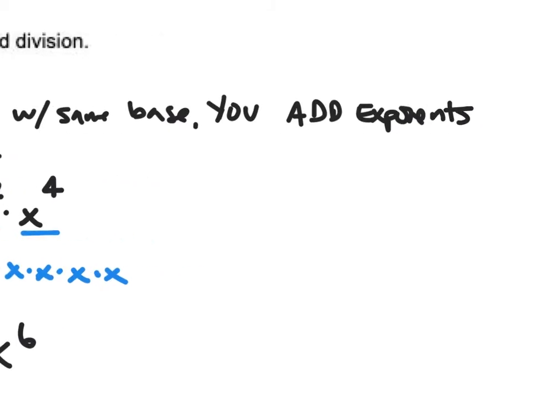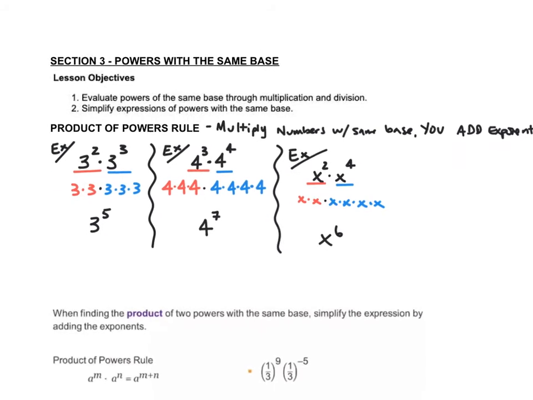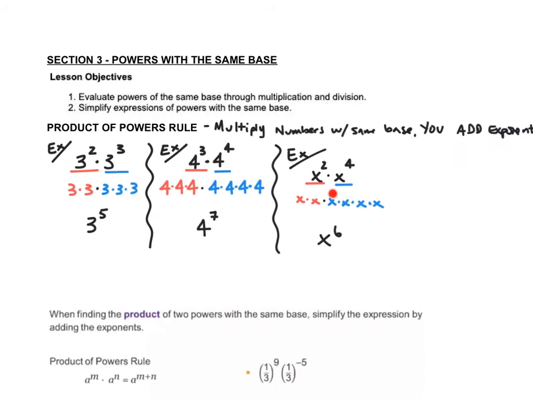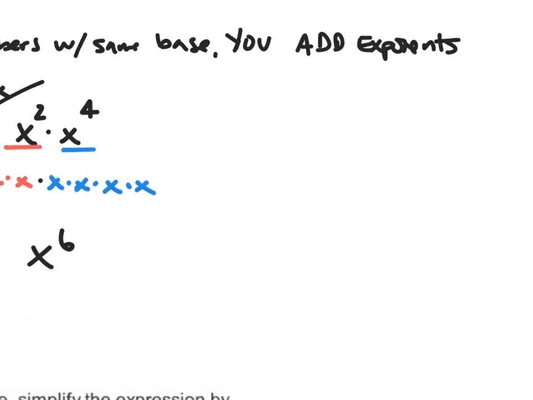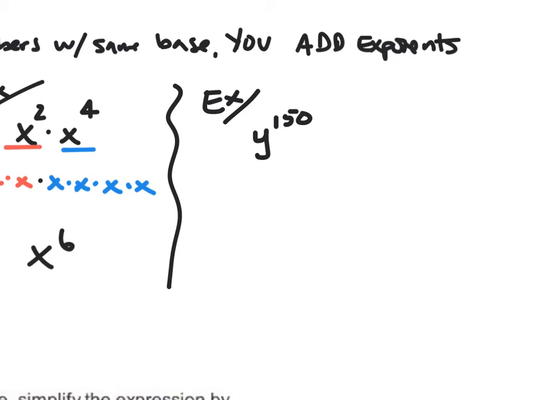You're probably wondering, why do I have to do that if I can just expand these things out each time? Well, think about it. Let's think of another example. Let's say I had y to the 150th power times y to the 30th power.